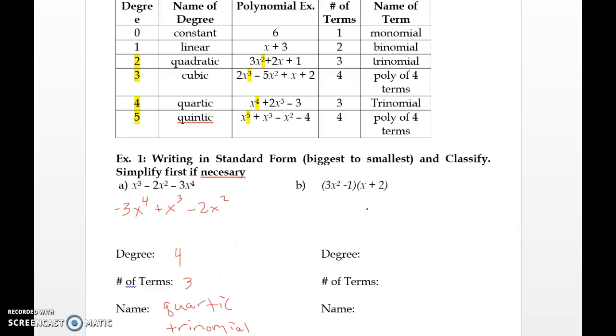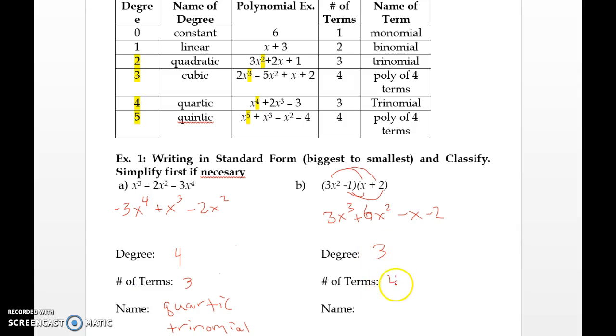Over here in B, I have to simplify it first. I'd have to simplify by foiling, and I would get 3x cubed plus 6x squared minus x minus 2. I can double check to make sure it's in standard form. It is. My highest degree is 3.